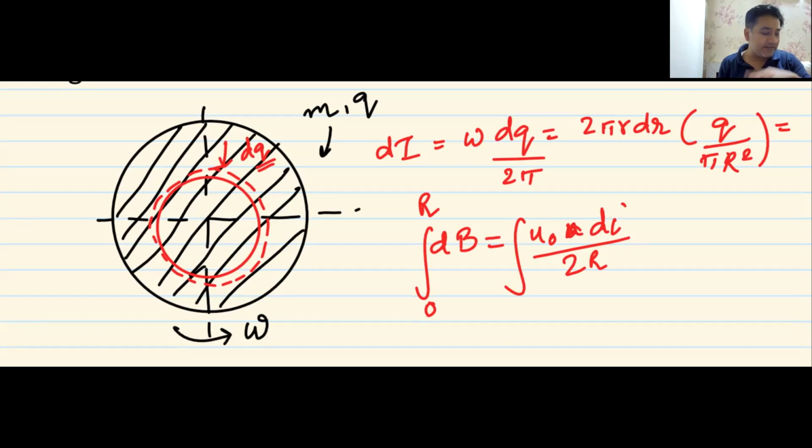I would be having these standard answers somewhere. I will find out if I get this answer and I will tell it to you. Magnetic field at the center of a rotating ring, a rotating disk, a hollow sphere, a solid sphere, and so on. Magnetic field at the center of a rotating cone and all that.